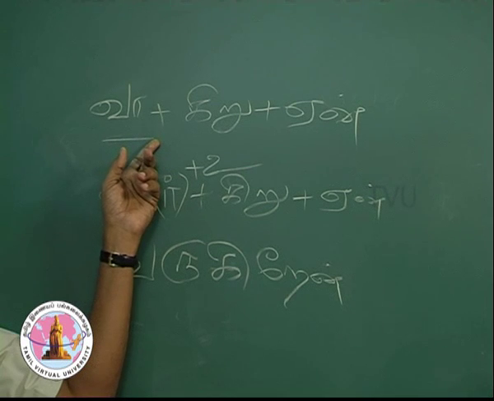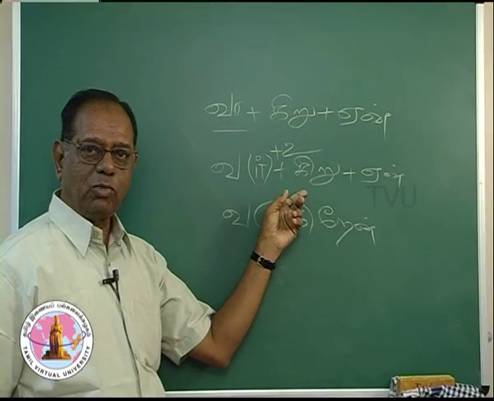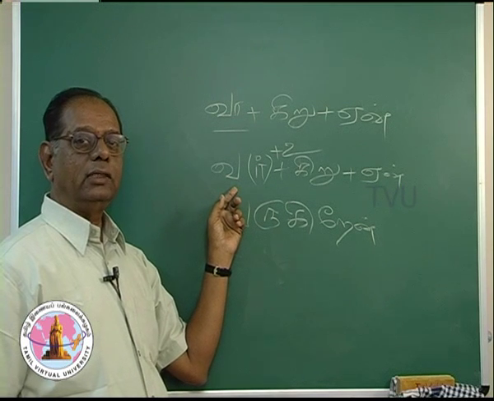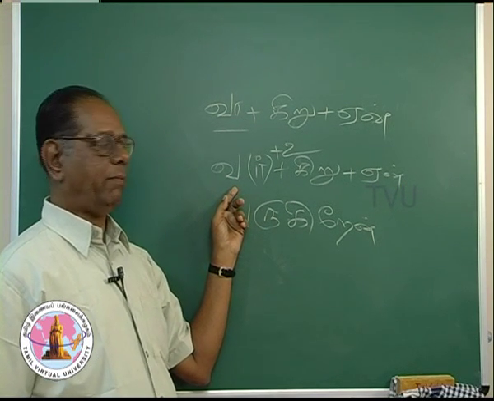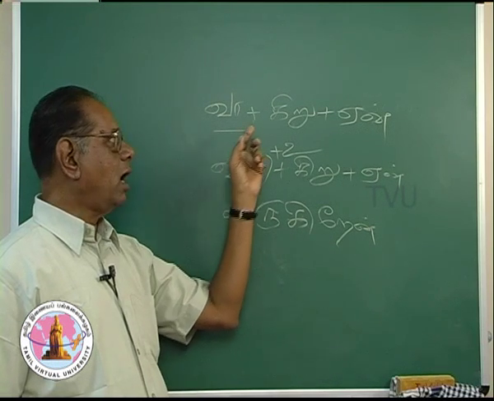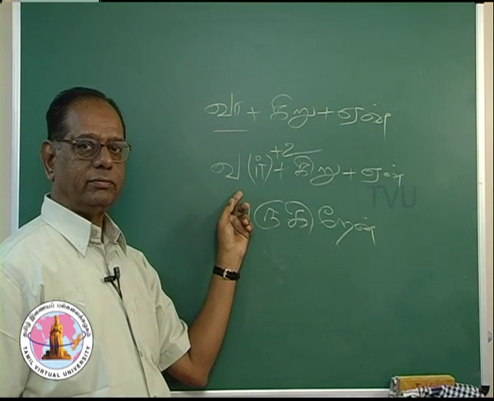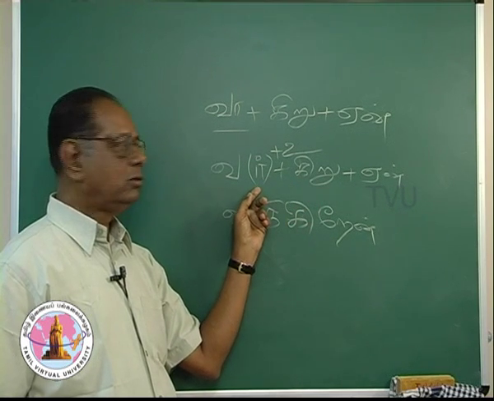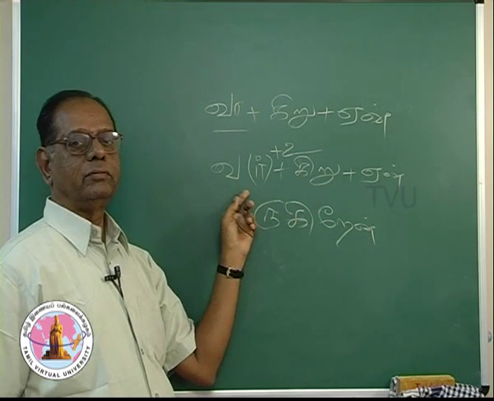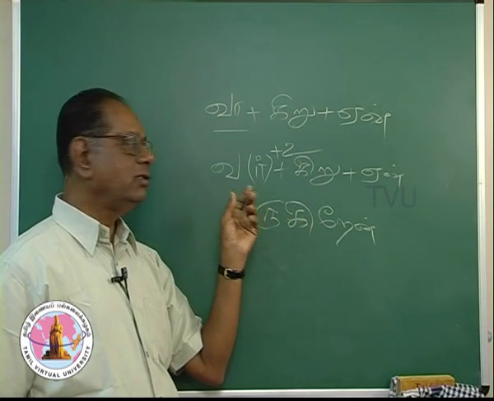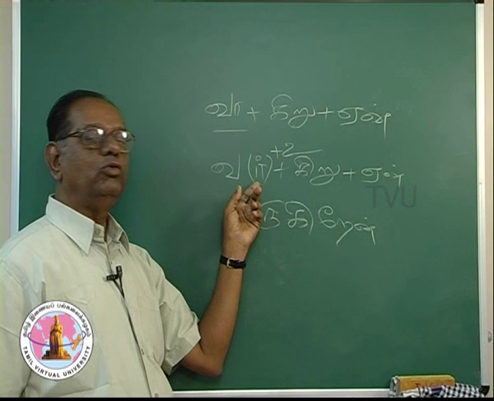Va, while taking up the tense marker, was reduced to a short consonantal vowel, and it became va. The long one became a short one, and while conjugating, to cement them and to bring in an easy way of pronunciation, they introduced r.